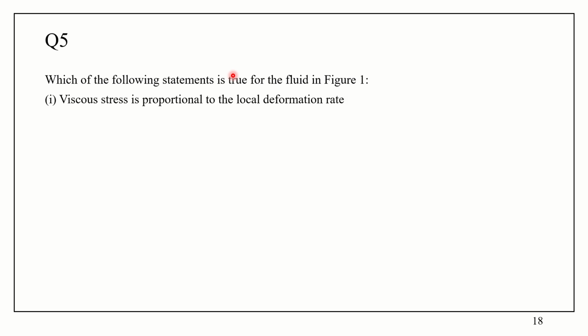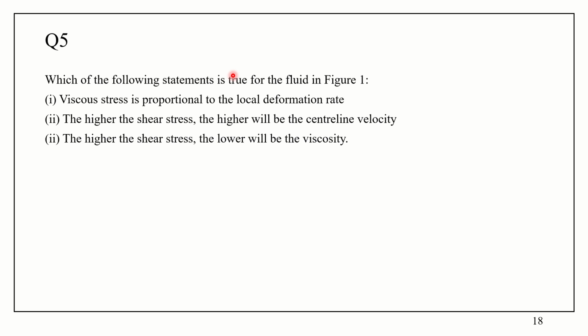Okay, and question 5 is, which of the following statements is true for the fluid in figure 1? First one, viscous stress is proportional to the local deformation rate. Second one, the higher the shear stress, the higher will be the centerline velocity. And third, the higher the shear stress, the lower will be the viscosity. So figure 1 is the one in which we saw the flow through the rectangular duct.